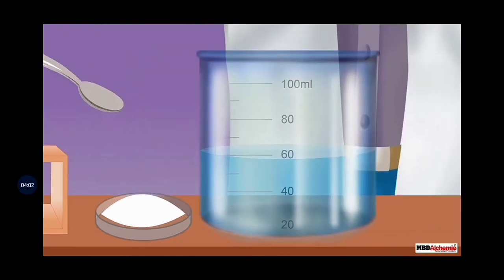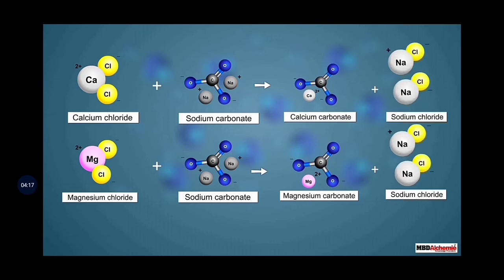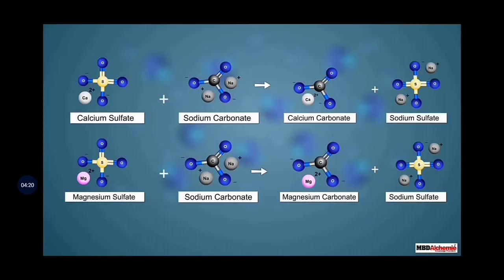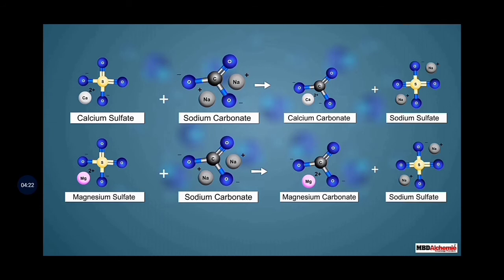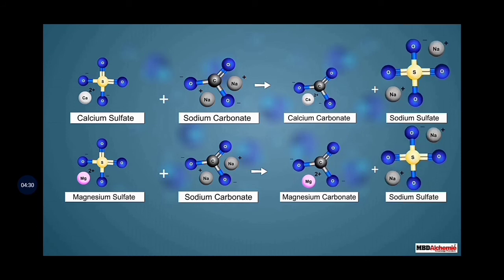When washing soda, which is chemically sodium carbonate, is added to hard water, it combines with the chloride salts of calcium and magnesium present in the water to form their corresponding carbonate salts along with sodium chloride. At the same time, washing soda also combines with the sulfate salts of calcium and magnesium to form their corresponding carbonate salts, but this time along with sodium sulfate.